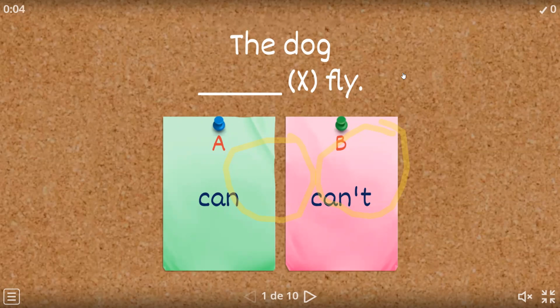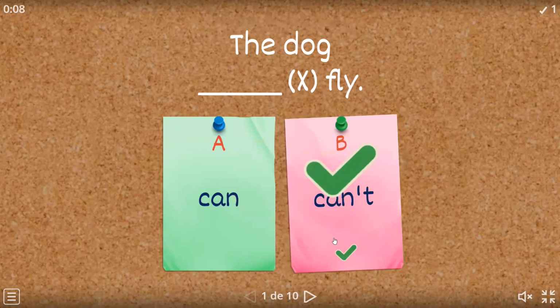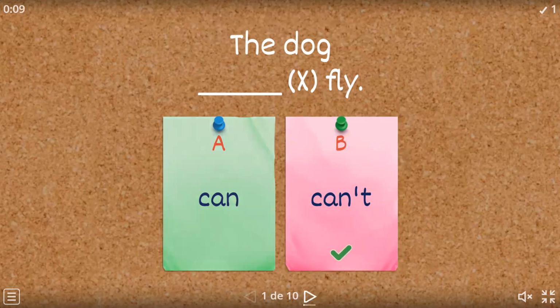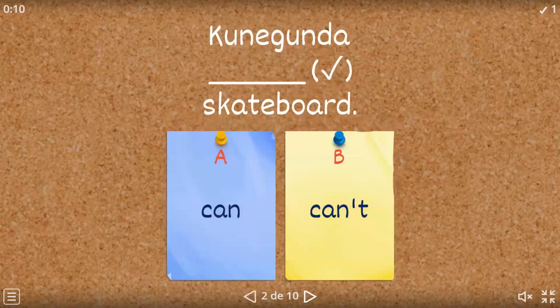Okay, guys, so let's see. According to the sentence, how will you answer this? The dog fly. Can't. Can't. Exactly.